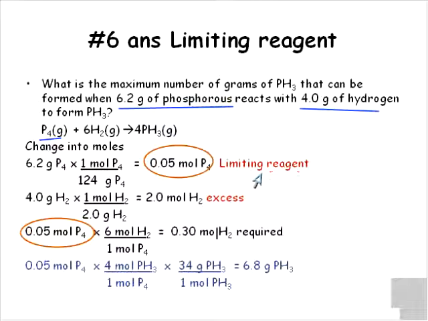Now we use the limiting reagent, because we can't use this; we'll run out of phosphorus before we use all of this up. We want to know how much product we have. For every 4 moles of PH3, we need 1 mole of P4.